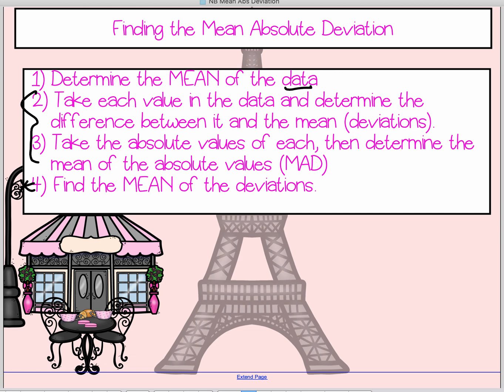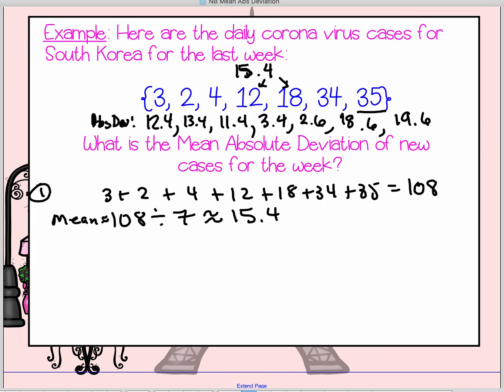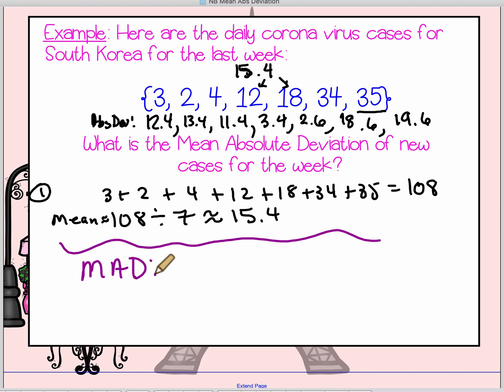Okay, and now I'm going to determine the mean of the deviations, my mean absolute deviation. Okay, so I'm going to add all of those absolute deviations. So let me go ahead and do those.